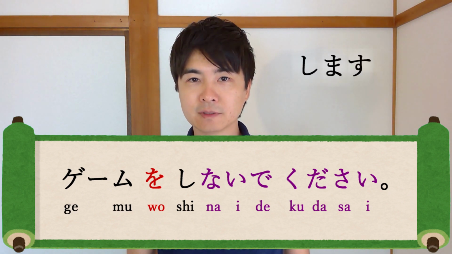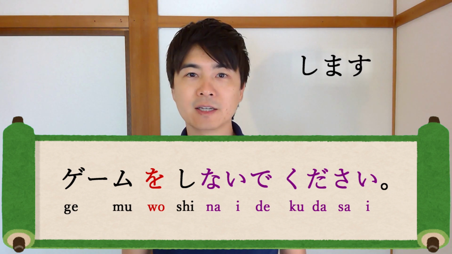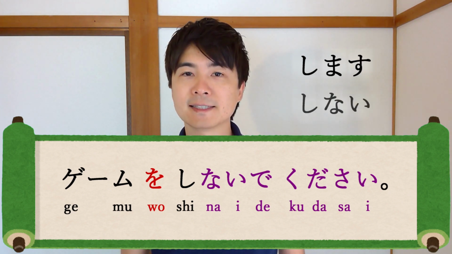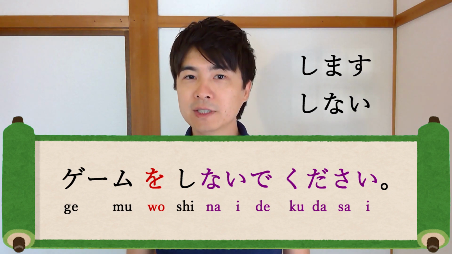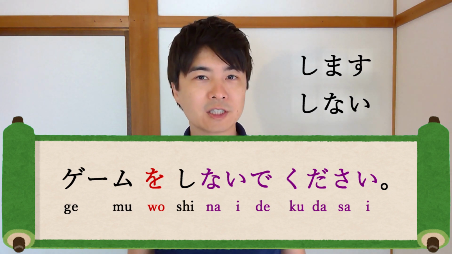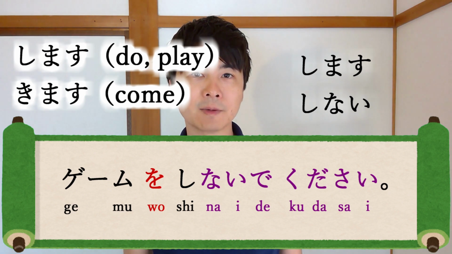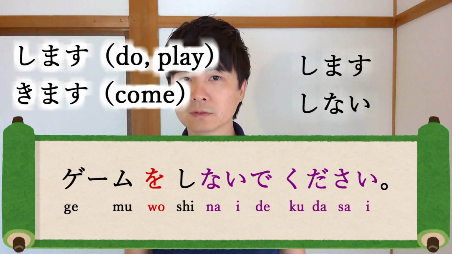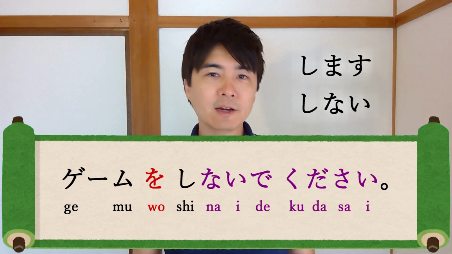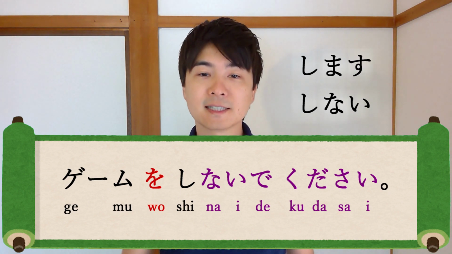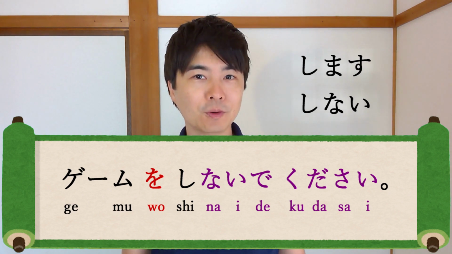ゲームをします means to play games. します is an irregular verb, and the nai form of します is しない。As we learned in the previous video, only します and きます are Japanese irregular verbs. So, regarding these two verbs, we need to remember their conjugation respectively. The nai form of します is しない。It's simple.